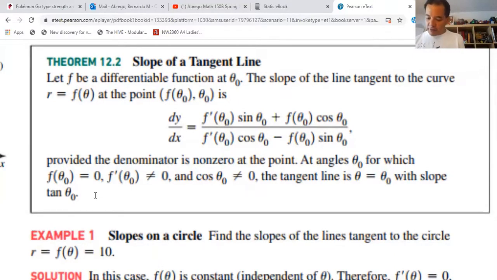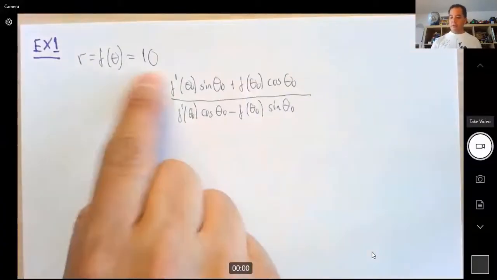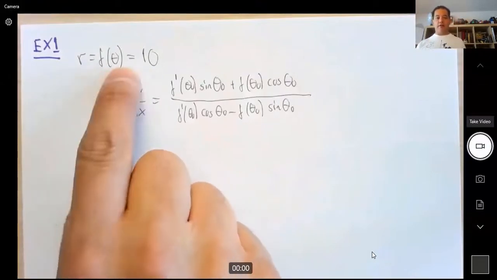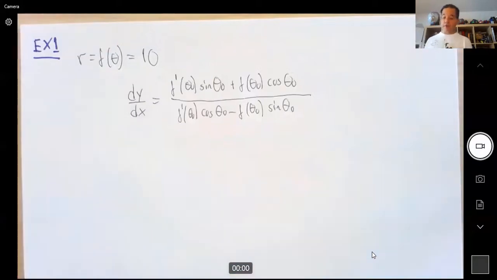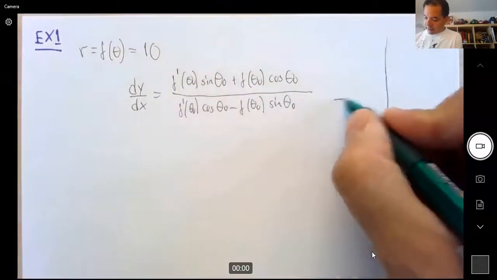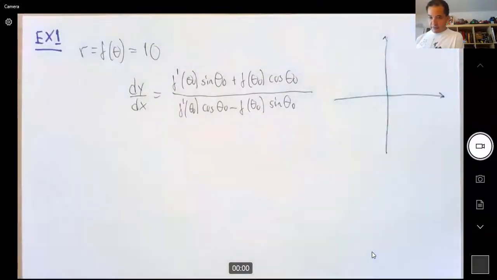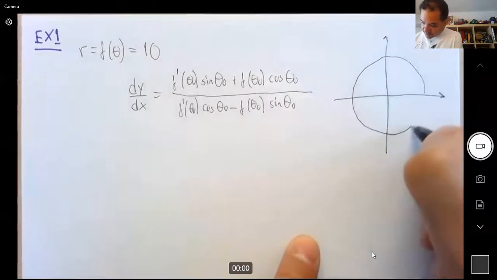And I'm just going to write the formula that we have on the screen right now so that we can use it as reference, the one we just figured out. So this is the one we need to do. This is our graph. It's just a circle, r equals 10. So we can draw it here. The radius is 10 and it's just a nice round circle.